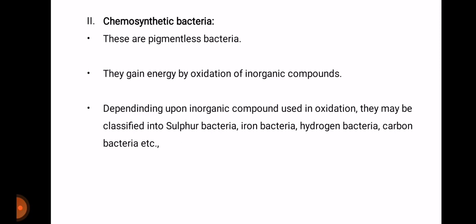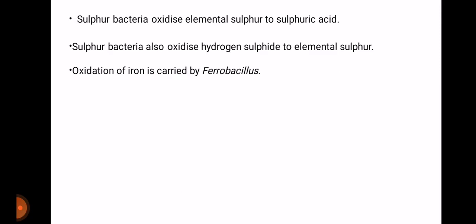and carbon bacteria. So, sulfur bacteria oxidize elemental sulfur into sulfuric acid. That is, the elemental sulfur reacts with water and oxygen, which gives rise to sulfuric acid, and you can also see the liberation of energy.